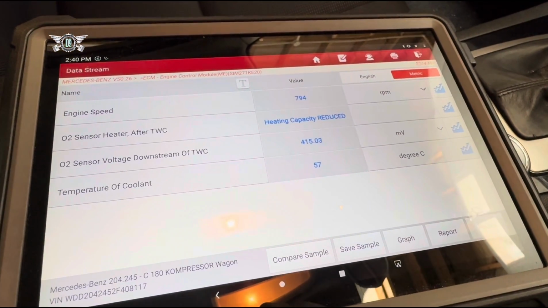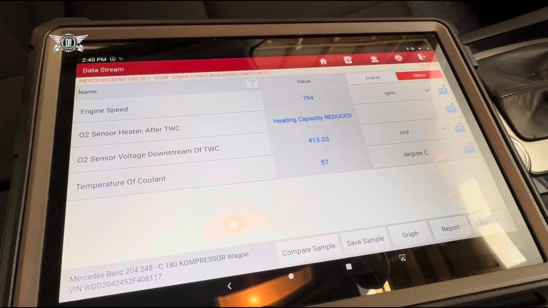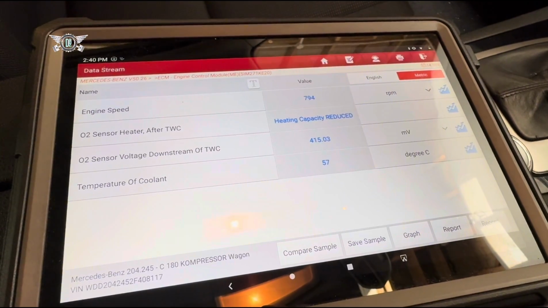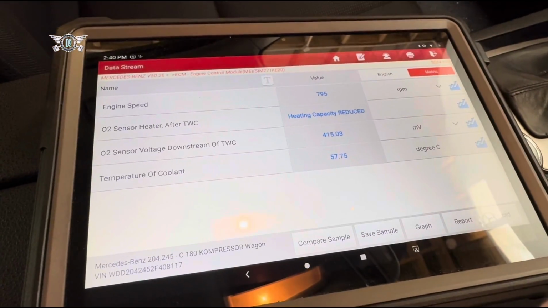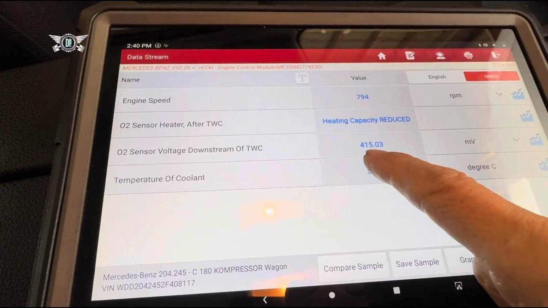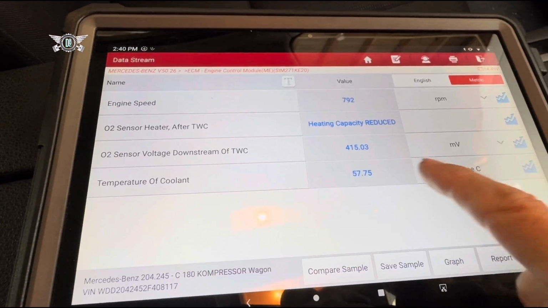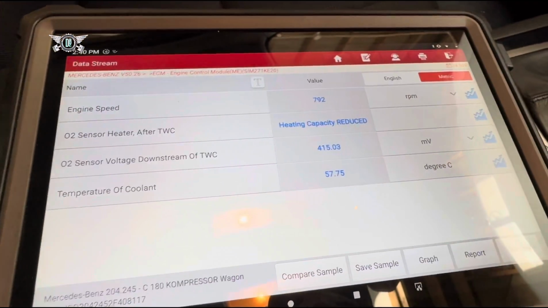I'm running the engine a little bit as well, getting it hot or warm, because sometimes it's easier to remove that sensor with the exhaust hot. Looking at these readings here, it says 415, which is millivolts, which is 0.4 really.